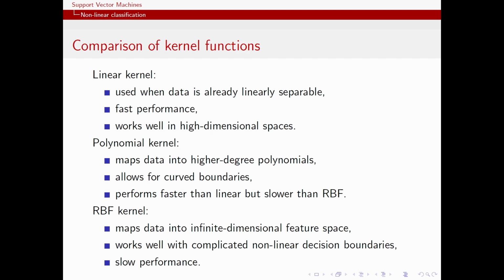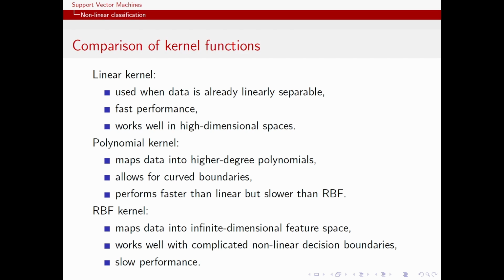The polynomial kernel lies performance-wise between the linear kernel and the RBF kernel. It maps data into higher degree polynomials without explicitly transforming the data. It allows for a curved boundary with the use of the degree d.